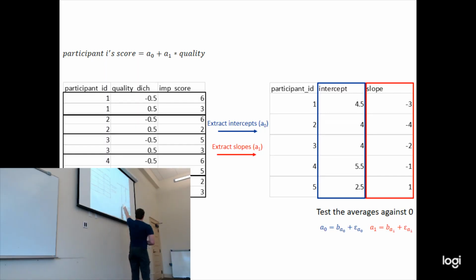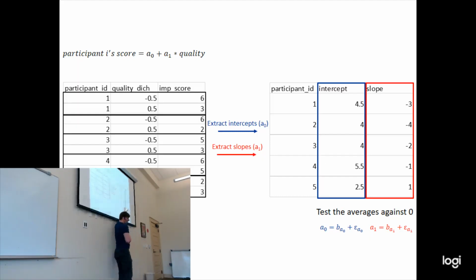You have one intercept-only model for the reviewer intercepts and one intercept-only model for the reviewer slopes. So this is going to give you a grand average, an average reviewer intercept and an average reviewer slope. And another important point about this second stage is that each of these grand averages has its own error.